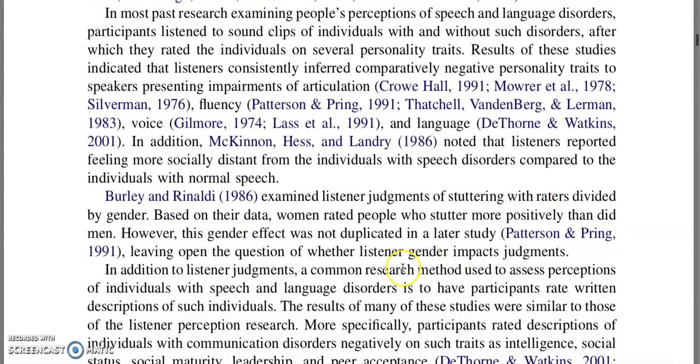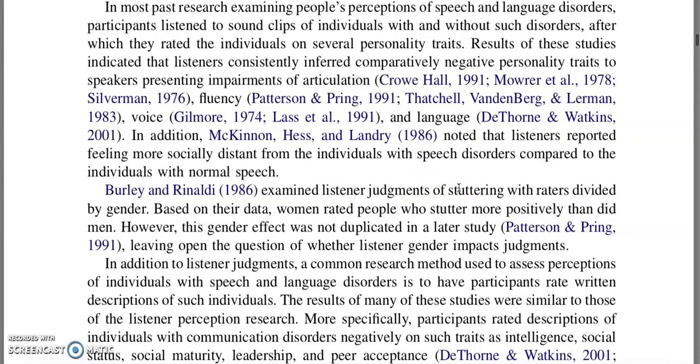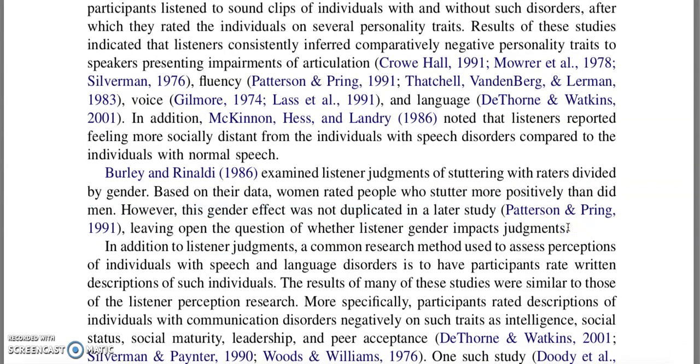As I go down, we get another study here, and they're looking at stuttering and evaluating based on gender. But we're seeing gender effect was not duplicated in a later study, leaving open the question of whether listener gender impacts judgments. They're presenting a gap here that presumably they're going to try to fill.